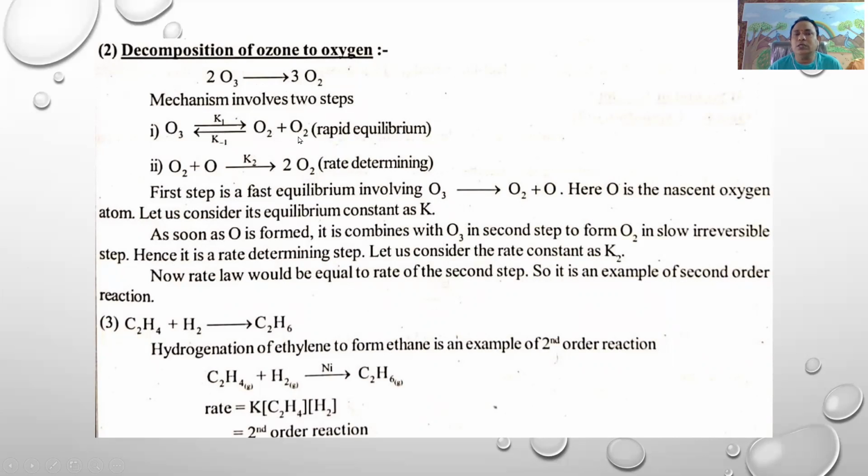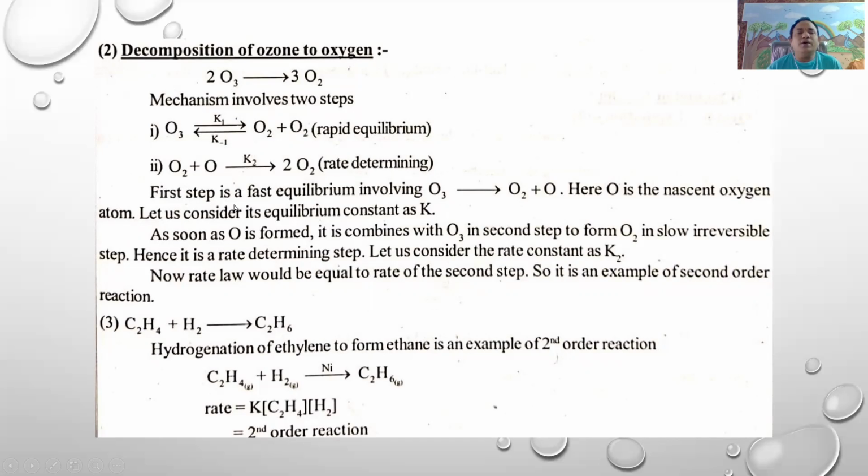It is not oxygen, it is nascent oxygen. That is a rapid equilibrium reaction. In the second step, O3, ozone, plus nascent oxygen, with rate constant k2, gives rise to 2 moles of oxygen, which is the rate determining step.